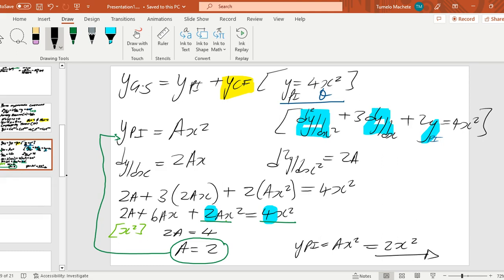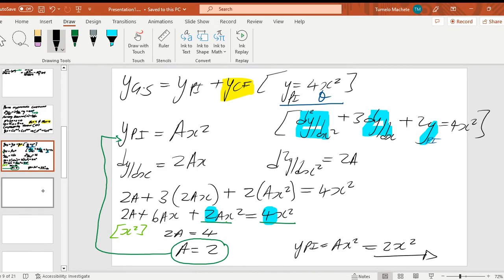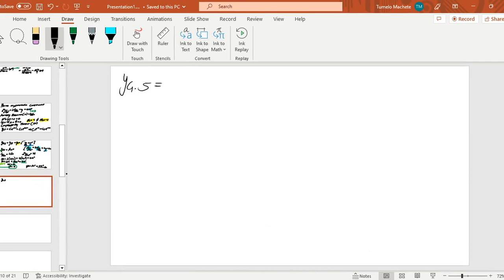So now remember, the whole point of doing this was to find the YPI and YCF. Then you combine them. So the general solution will be equal to YCF plus YPI.